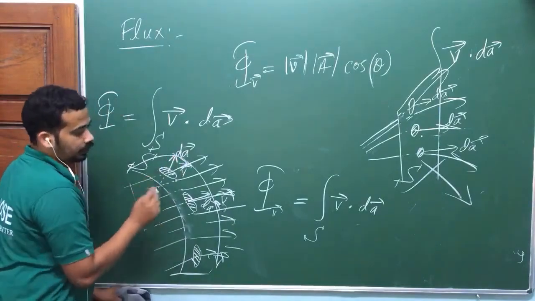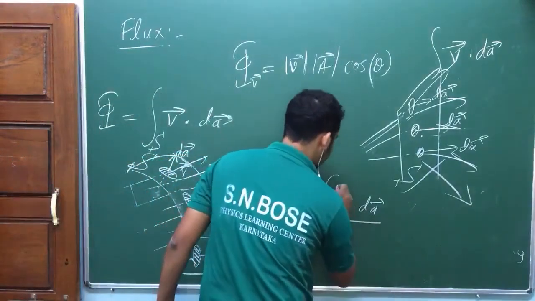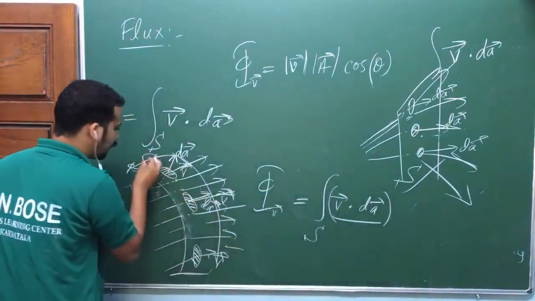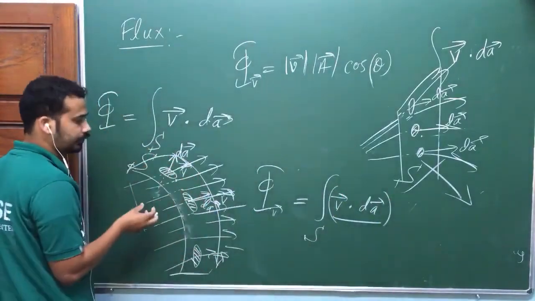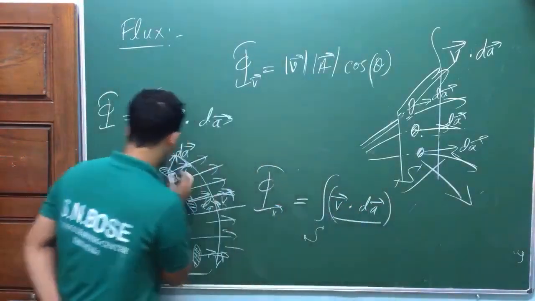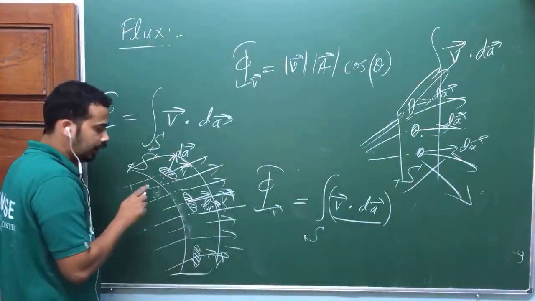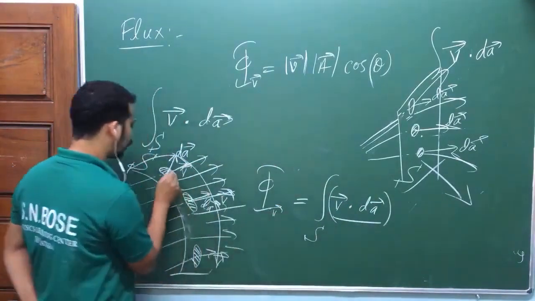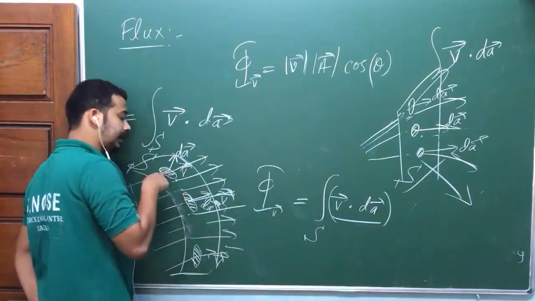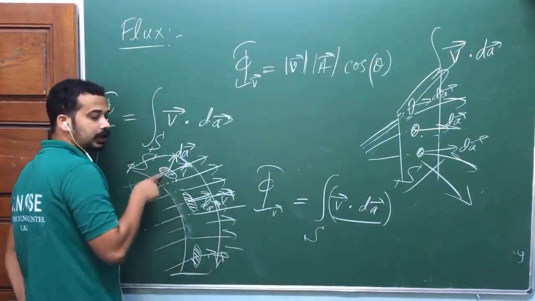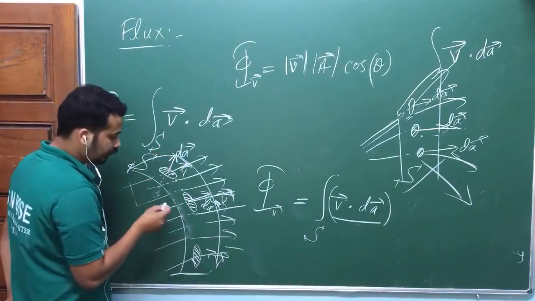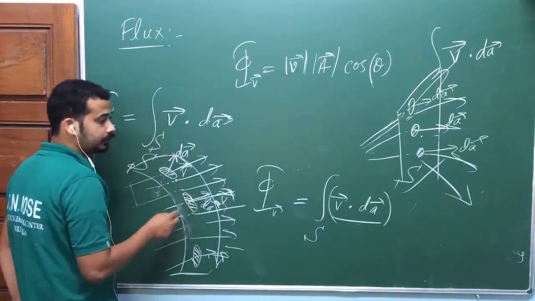But look here. Whatever dot product I have taken, these dot products are taken at each and every point on the surface. The area vector is taken at each and every patch. While taking this dot product at this point, you have to take the vector field at that point, dot product with the area vector. Vector field at this point, dot product with the area vector. Am I right?